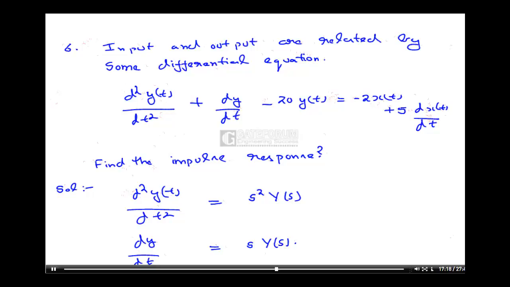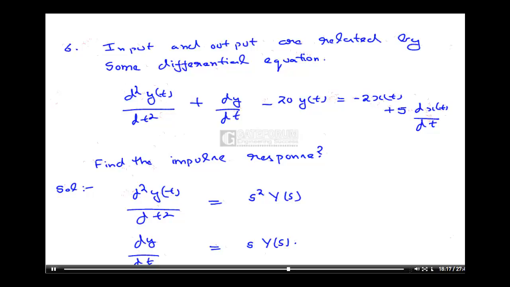Thus, the above equation can be written in the form of Laplace equation as s square Y(s) plus sY(s) minus 20 Y(s) equal to minus 2 X(s) plus 5 into s X(s).